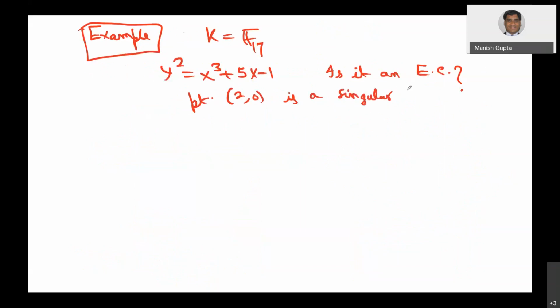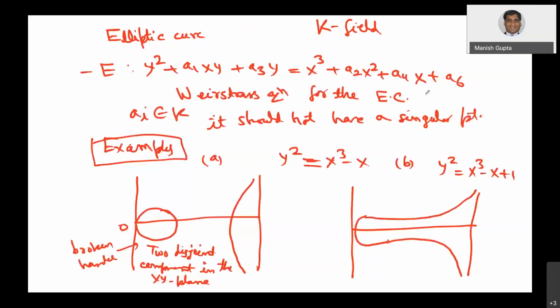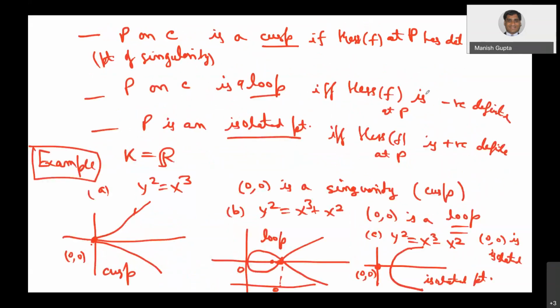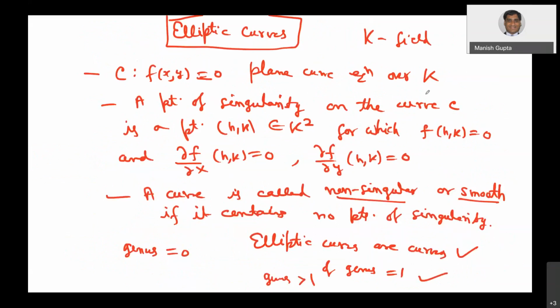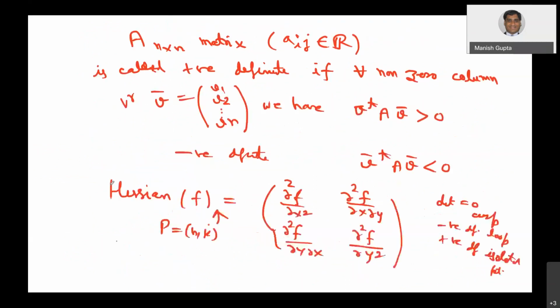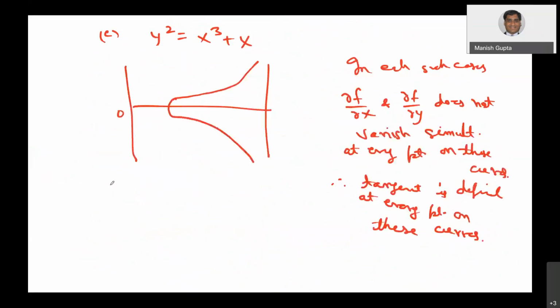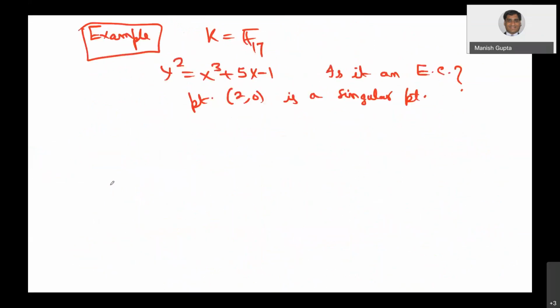Singular point means all those conditions are satisfied: f(h,k) is equal to 0 and the partial derivatives vanish for this point. Since there is a singular point, this is not an elliptic curve.